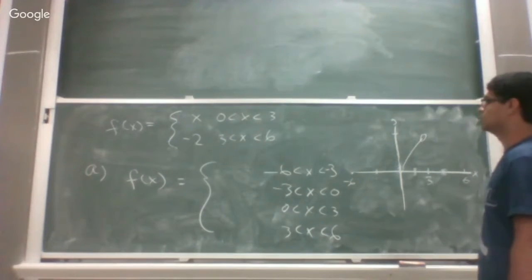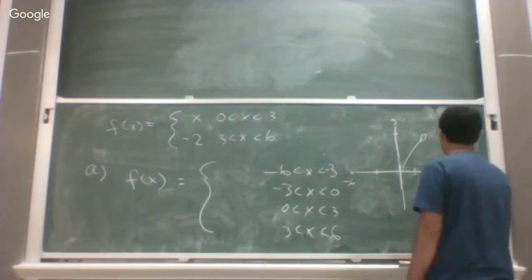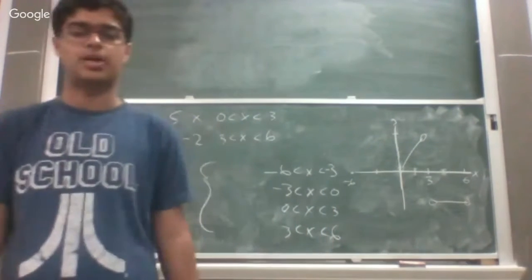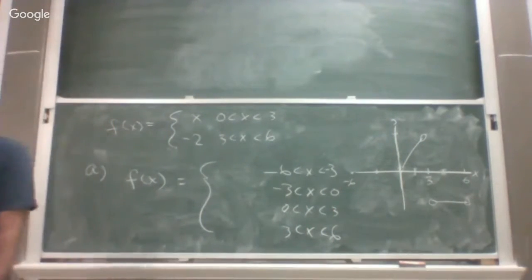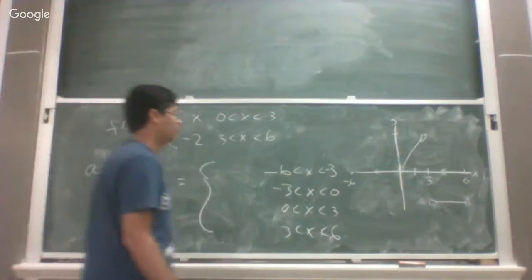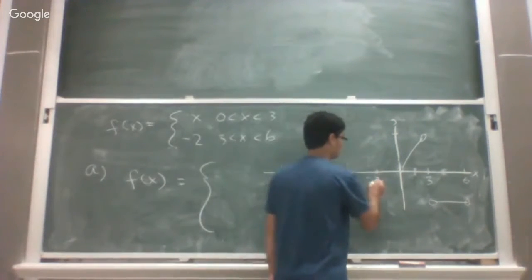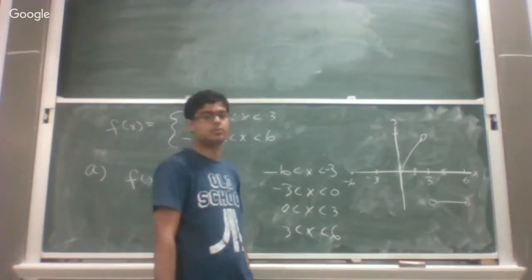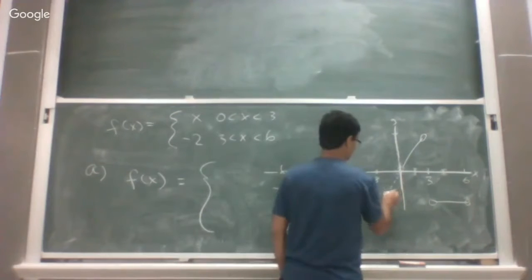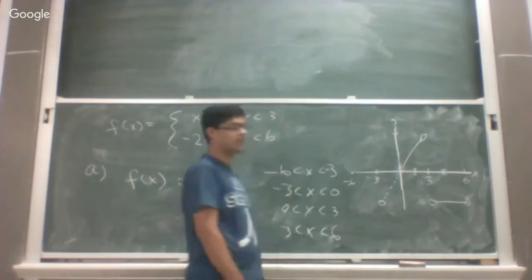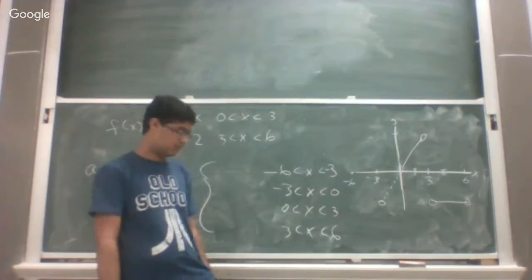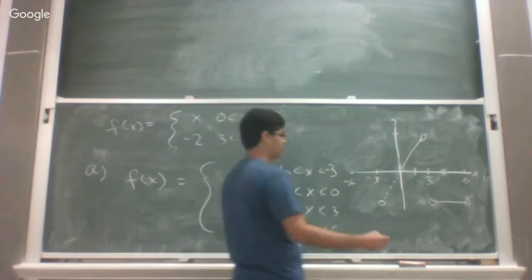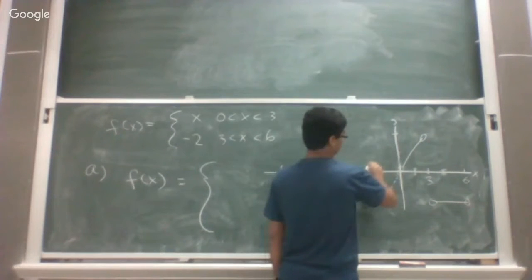And then -2 from 3 to 6, right? And they tell us it's odd. Now, what is odd? It's symmetric to what? The origin. So if we are to make this symmetric to the origin, what would I draw here first? You would extend it going down like that. Okay. And then what else would I need? You would flip that. +2.